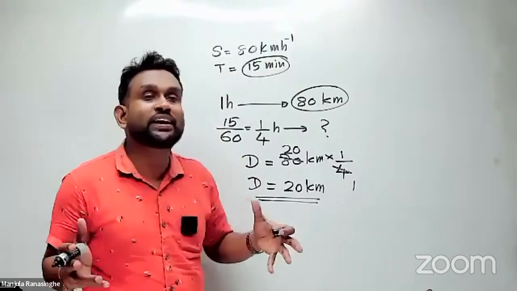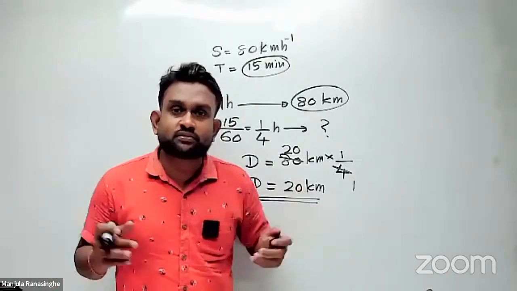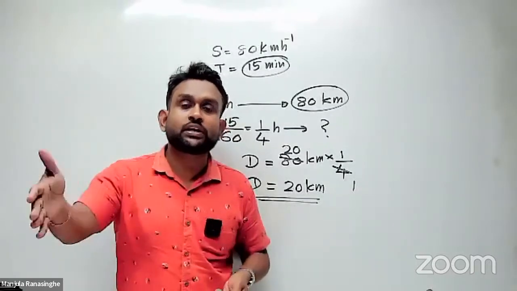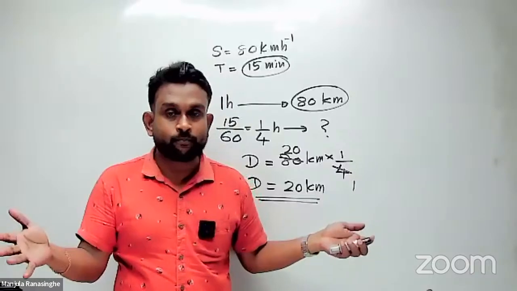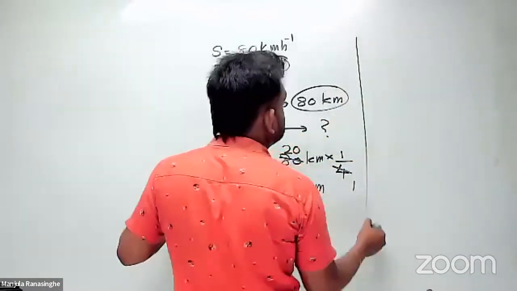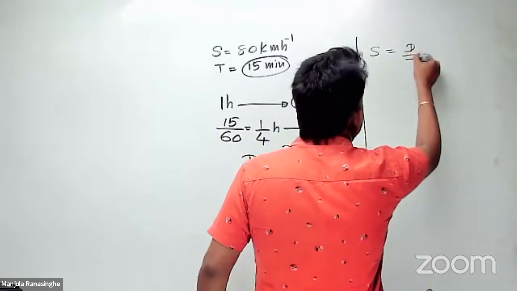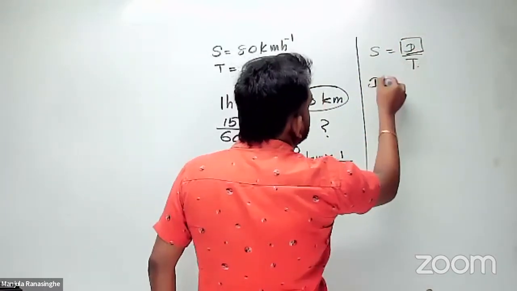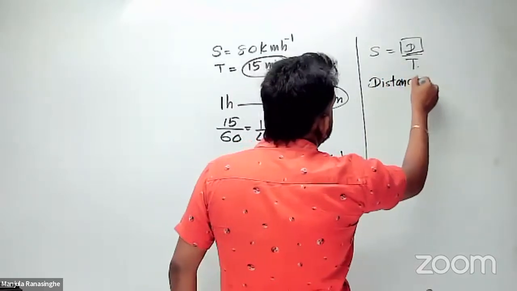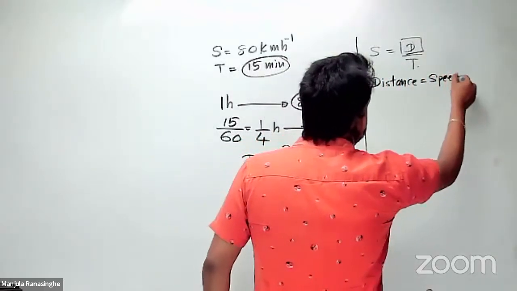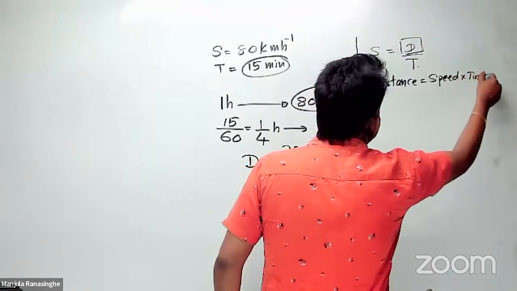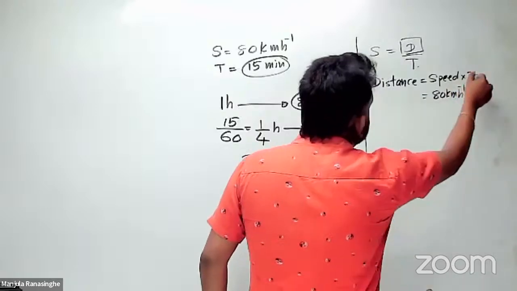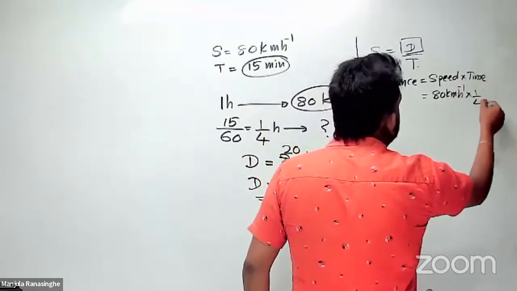If you do not know any equations, but you know the concepts, the speed means within 1 hour 80 kilometers travel, then within 1/4 hour how much? But if you remember the equation, speed equals distance over time, then they are asking for distance, so you can make distance the subject as speed into time. You can substitute the speed 80 kilometers per hour into the time, which should be in hours, that is 1/4 hour.